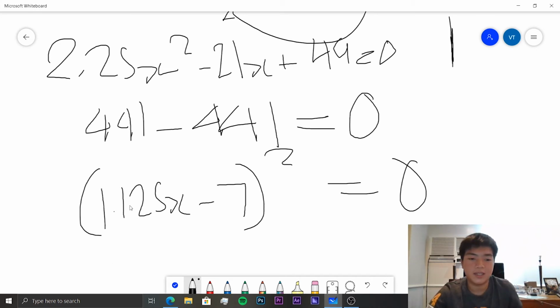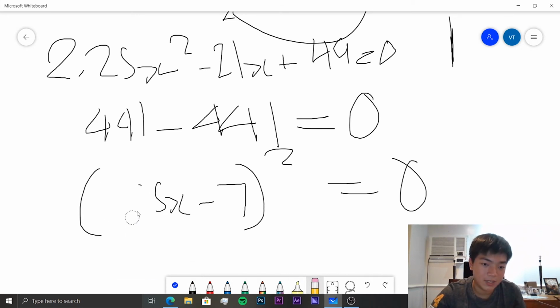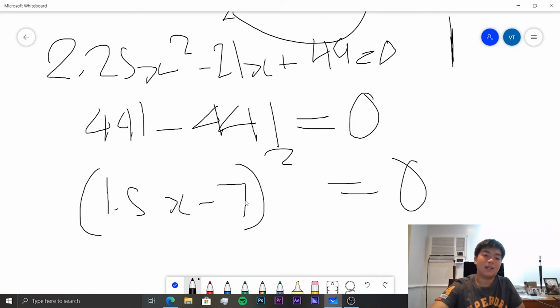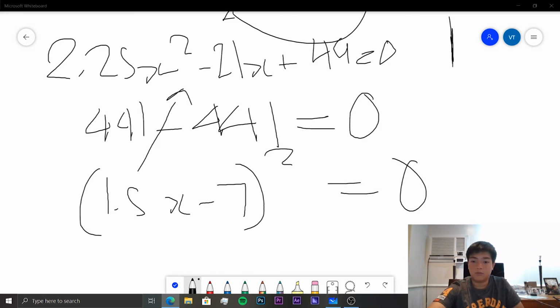Oh, wait, no, sorry, this is wrong. This should be the square root of 2.25, not 2.25 over 2. The square root of 2.25 is 1.5, so we would have 1.5x minus 7 squared equals 0. So you can see we only have one root at all.